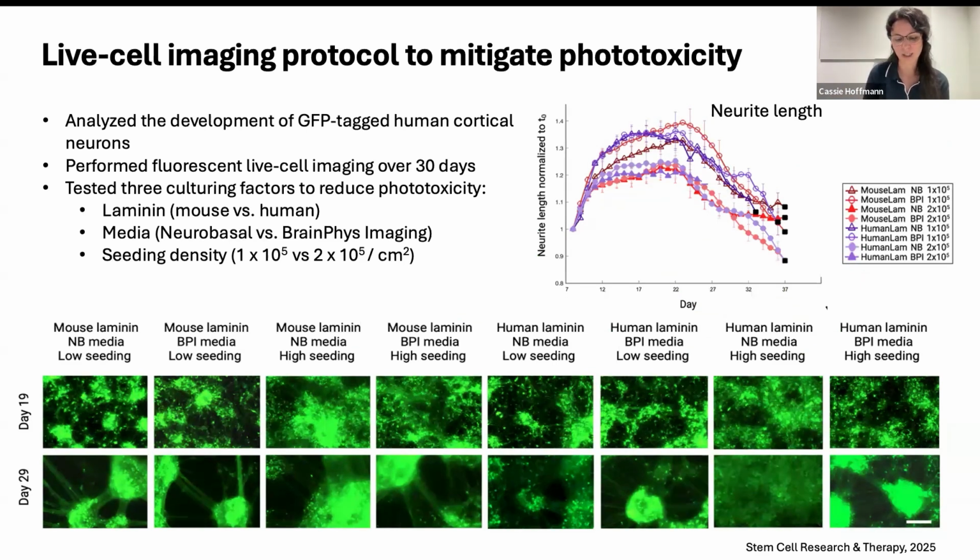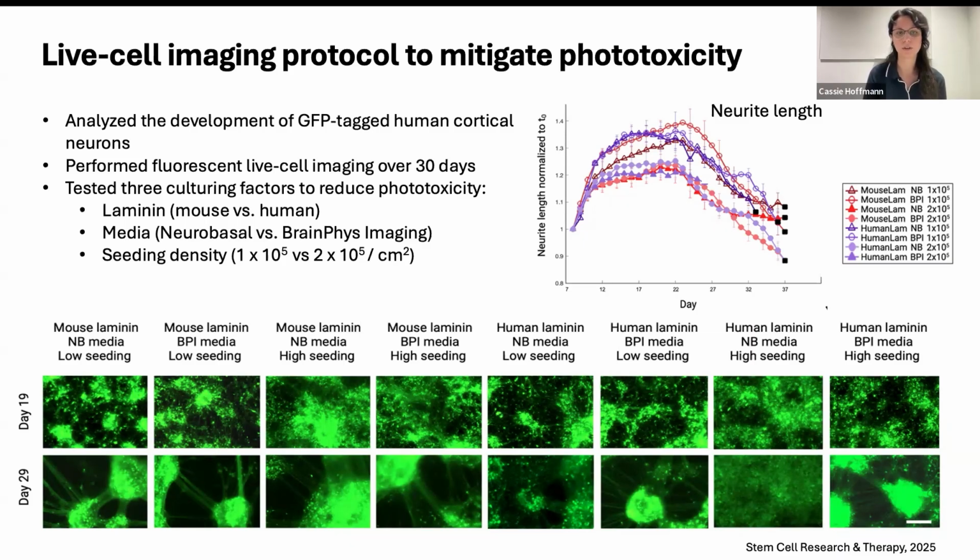And we find when we're imaging a reporter line over a long period of time with fluorescence imaging, that there tends to be a lot of cell death due to something called phototoxicity, which is where the cells and, to a certain extent, the media, produce reactive oxygen species, and that can really affect the viability of the culture to a pretty substantial extent.